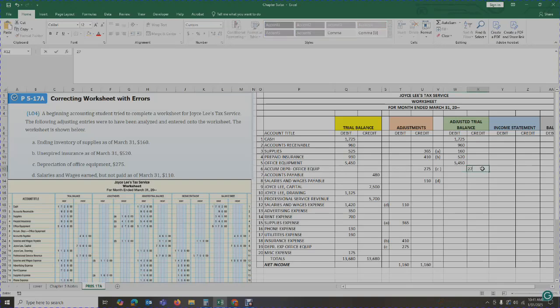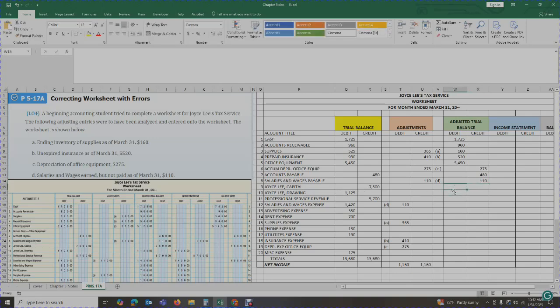So we're going to put it on the credit column. Accounts payable, no adjustments. We're just going to carry that over. Salaries and wages payable, we started off with 0. Now we have a credit of 110. We're going to bring that over. The capital and the drawing account were not touched, so I'm just going to copy the information over.